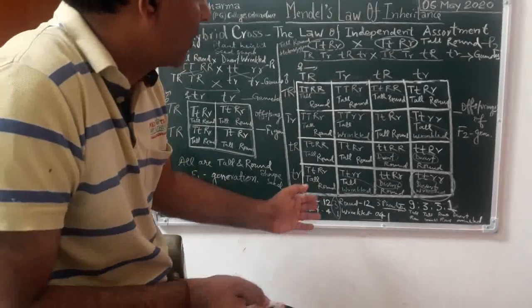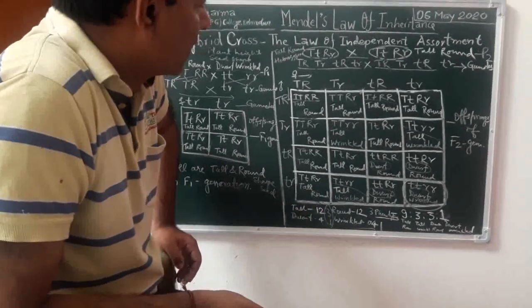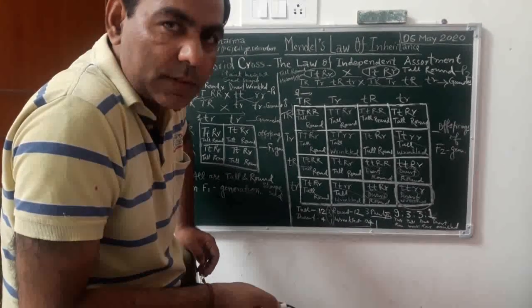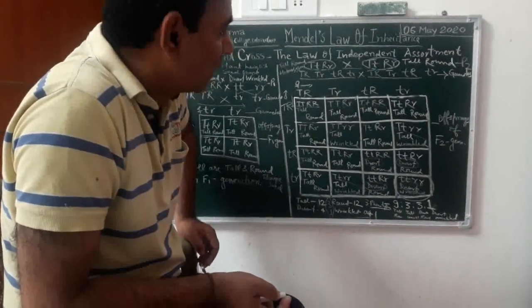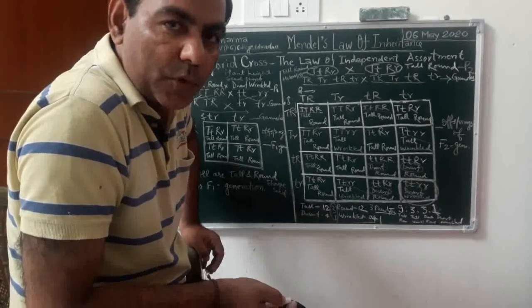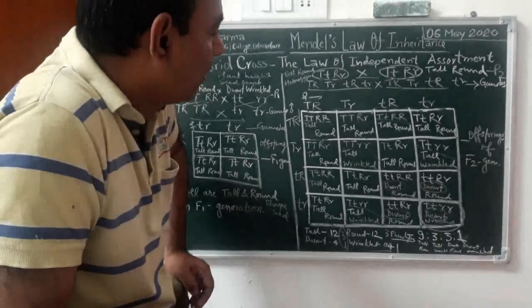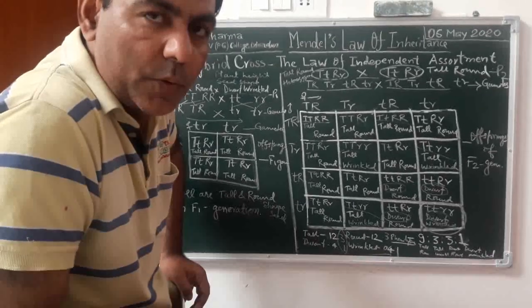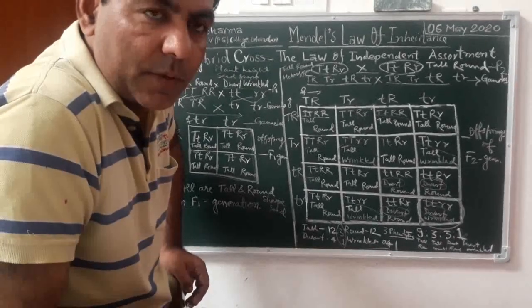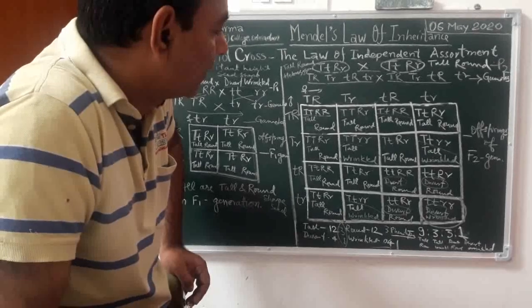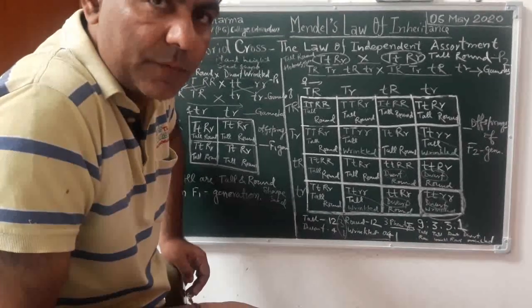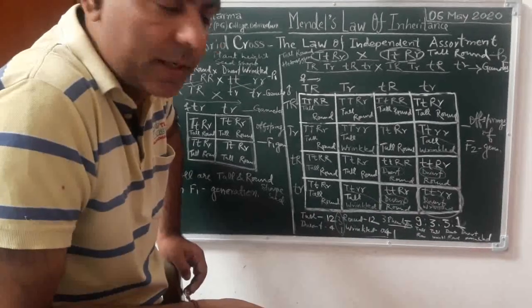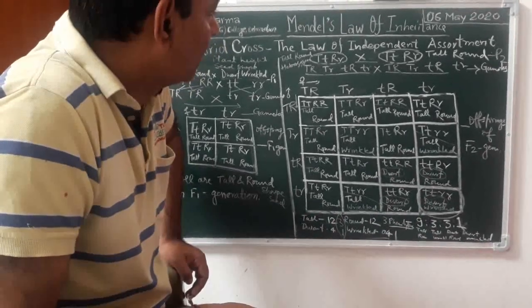So there is no effect when we discuss two characters at one time in a dihybrid cross; the result will be the same as we found in the monohybrid cross. This law is also called the law of independent assortment. No other character will affect the expression of the previous one, and the previous one has no effect on the second one.